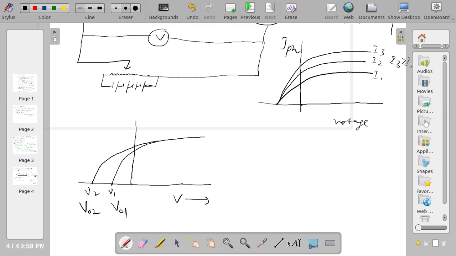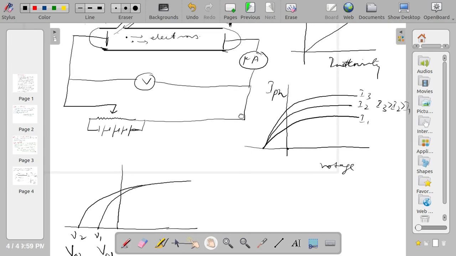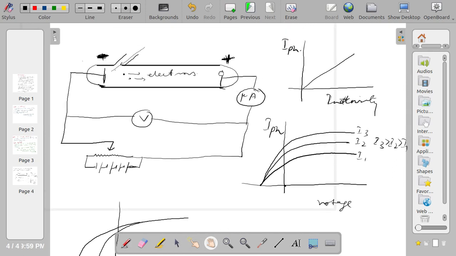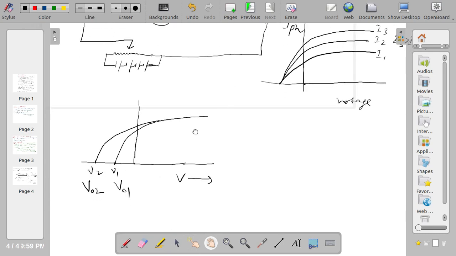Stopping potential means the negative potential of this plate at which the current ceases, or becomes zero.